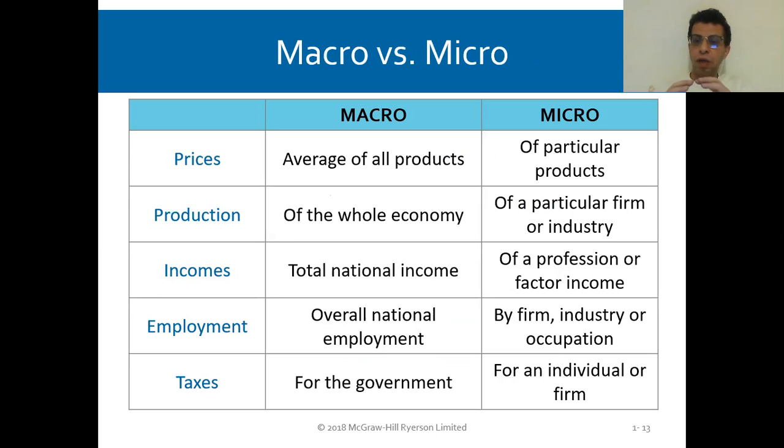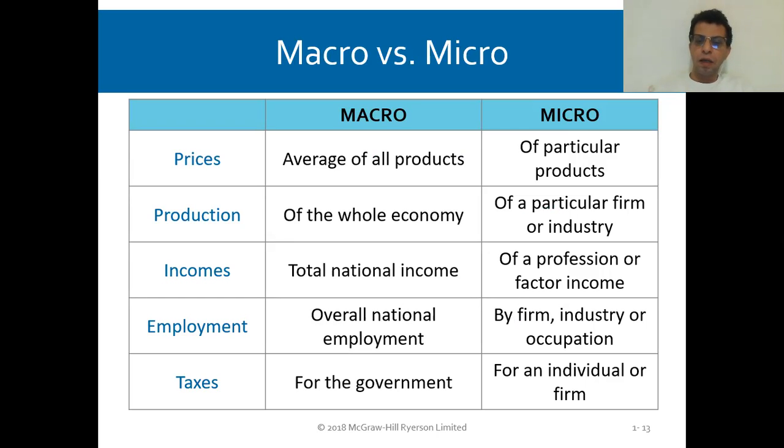At a micro level, you look at a particular product, like gas, oil, the price of a banana, something like that. In production, we look at the whole economy's production. In micro, we look at a particular firm or industry, not the whole thing, like the telecommunication industry or Apple or Microsoft.